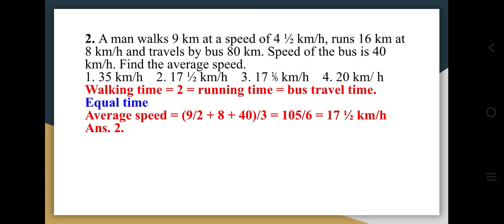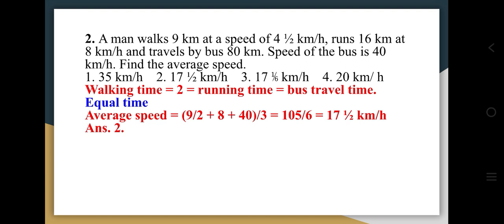So walking distance is 9 km at a speed of 4.5 km per hour. Runs 16 km at 8 km per hour. Bus travels 80 km at 40 km per hour speed. We have to find the average speed.